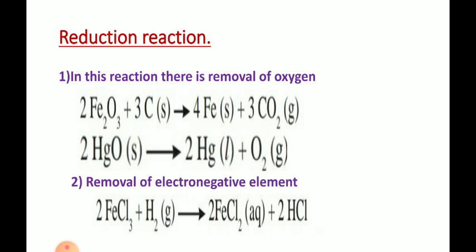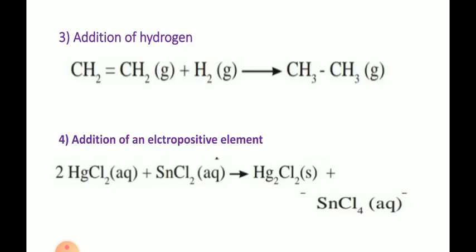FeCl3, when it combines with hydrogen gas, will form FeCl2. The electronegative element, chlorine, is removed from FeCl3 and it converts into FeCl2. This is also called a reduction reaction, or reduction process.